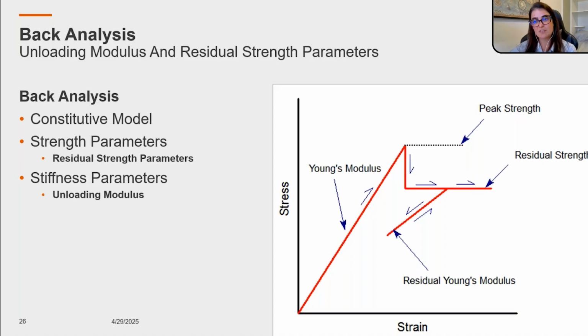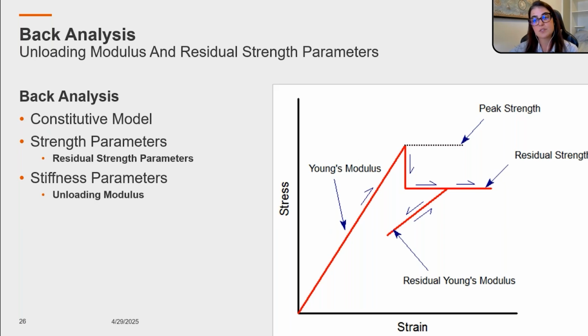When we are dealing with underground design in residual soils, two of these soil parameters become particularly relevant for correlating with soil settlement: the unloading modulus and the residual strain parameters.